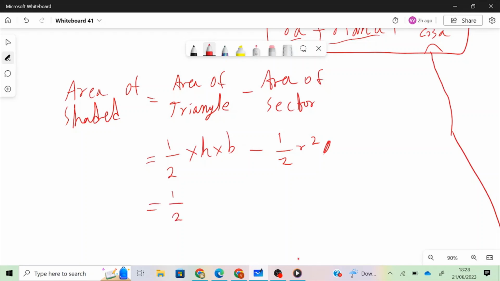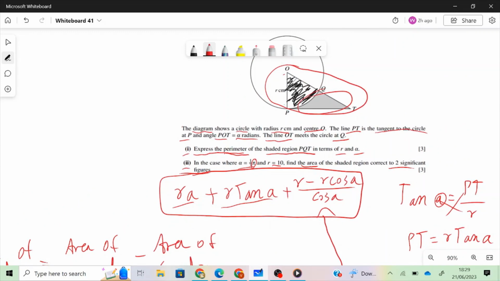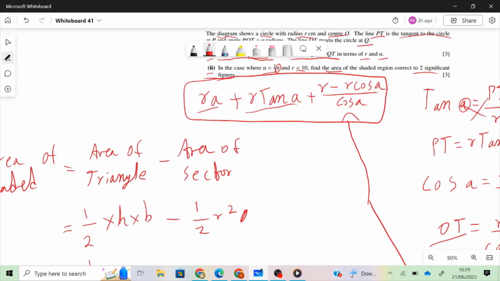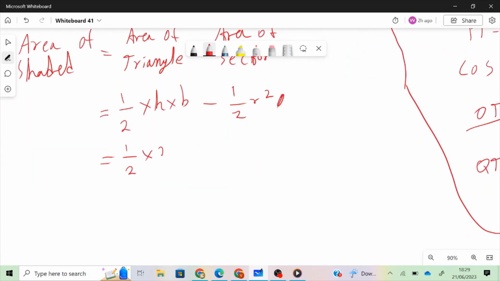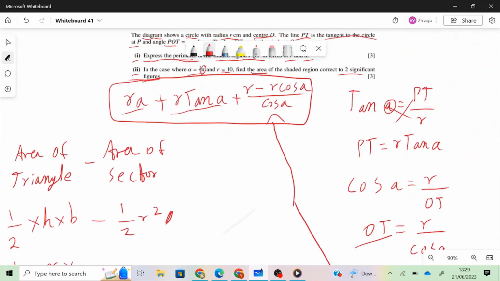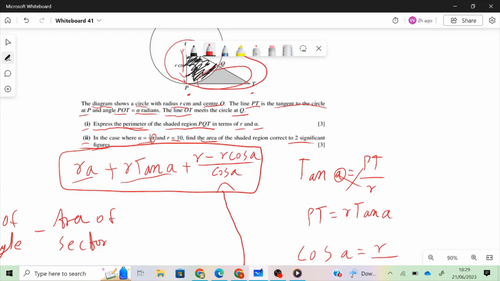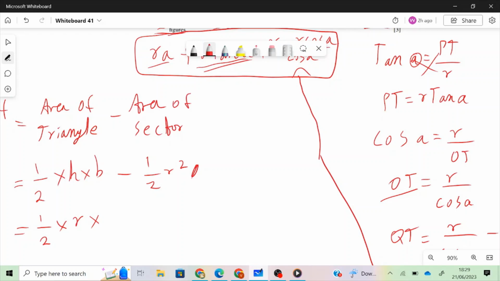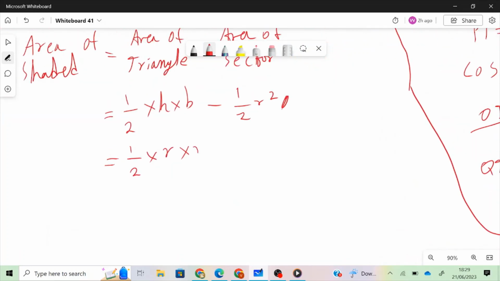This is half times our height, which if we look at it from this angle, from here to here is r, so our height is r, times our base, which in this case is PT, and we found out that our PT is r tan alpha, so we can just put that in, times r tan alpha, minus the area of sector, that's half r squared alpha.